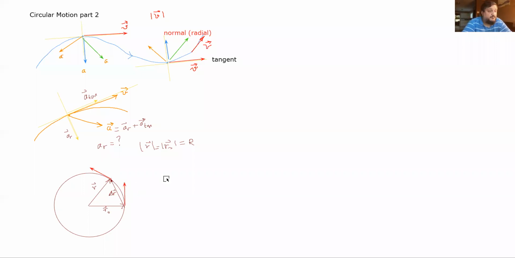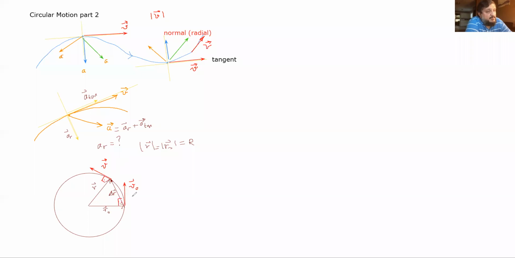And for a uniform circular motion, these do not change in magnitude either. So I'm going to call this V naught and this one V. Both are perpendicular to the position vector. All right, that's our uniform circular motion there.